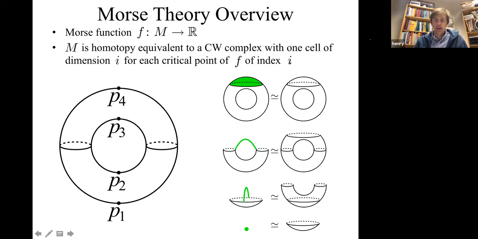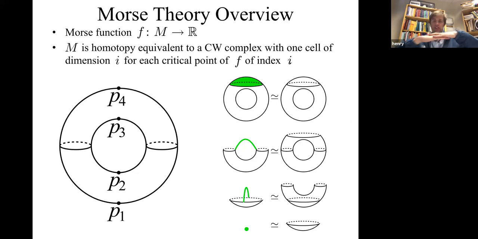And what this corresponds to on the right is we're building up this space by taking a vertex, gluing on an edge, gluing on a second edge, and then finally gluing on a two cell, corresponding to the indices of the critical points that we've passed, P1, P2, P3, and P4. So as we sweep the space from bottom to top, at first the sublevel set just looks like a bowl on the bottom right, and that's homotopy equivalent to a point.